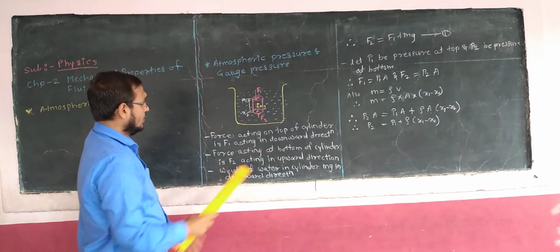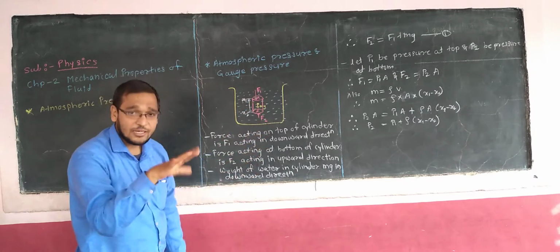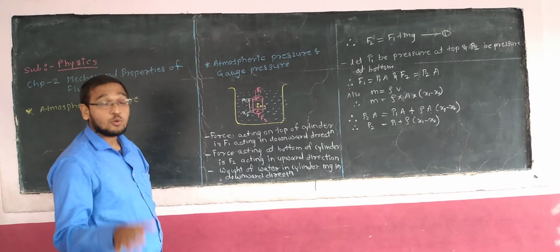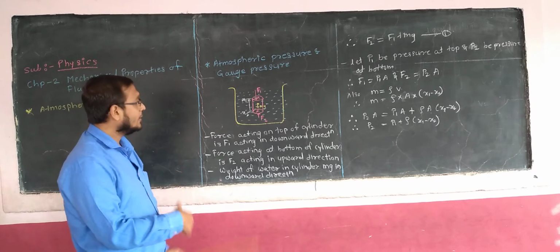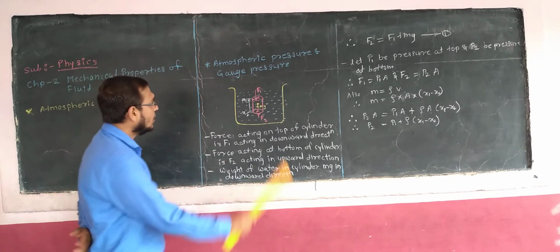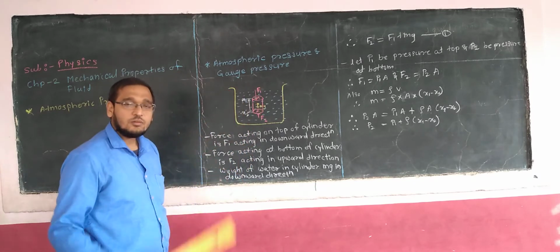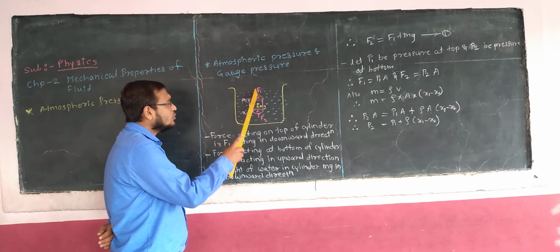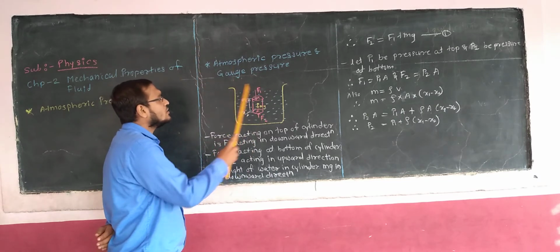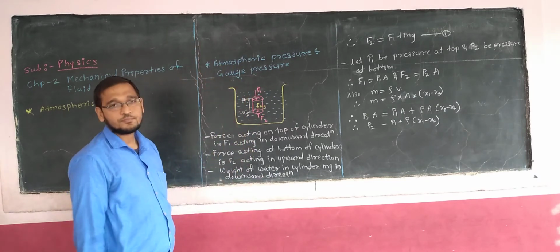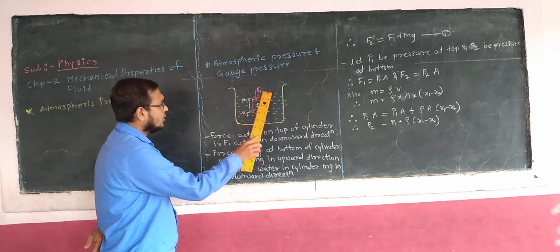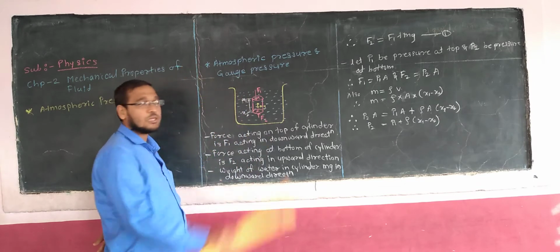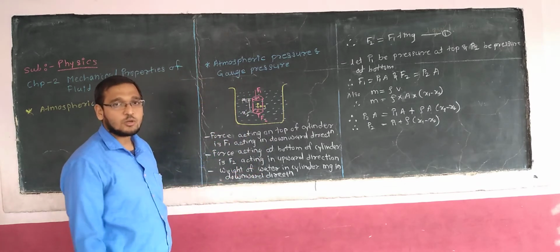Then, as this cylinder is inside the water, there are forces acting on it. Let us analyze these forces. On the top surface, the force acting is F1 due to the weight of the water present above it, exerting force on the top surface area.